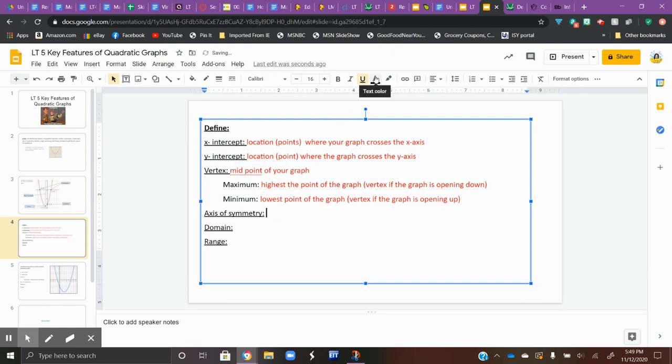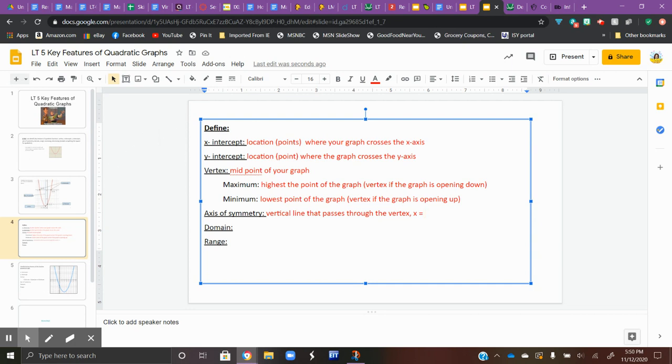All right, axis of symmetry. This is a newer term. Axis of symmetry is a vertical line that passes through the vertex. It is always written as x equals, because we're writing it as the equation of a line.